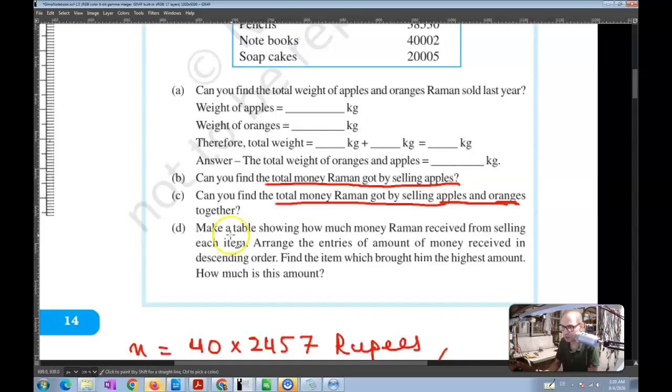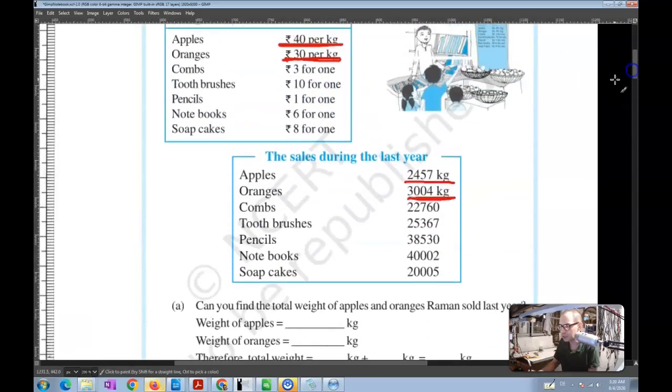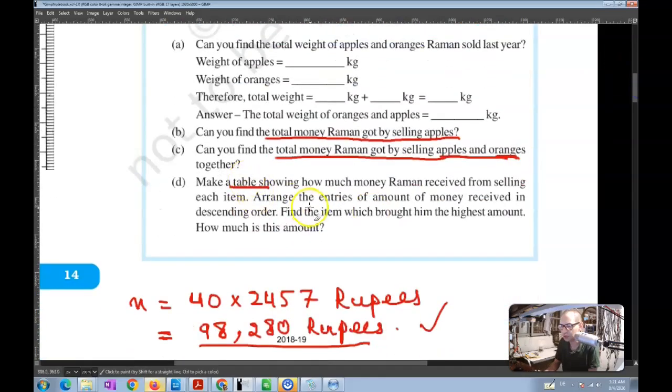You can make a table and do this calculation for each and every item on this list. Apples, oranges, cones, and everything. You can calculate the total amount of money that he got as a result of selling each and every one of these items, and then write down those numbers in your table.